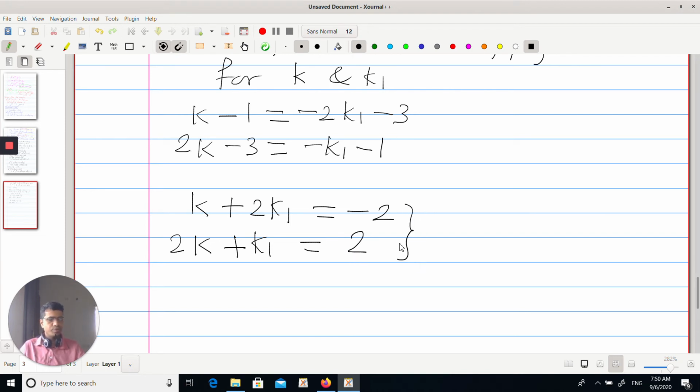And we solve this for k and k1. With routine algebra, this will provide the values of k and k1. This implies k1 is minus 2 and k is 2.